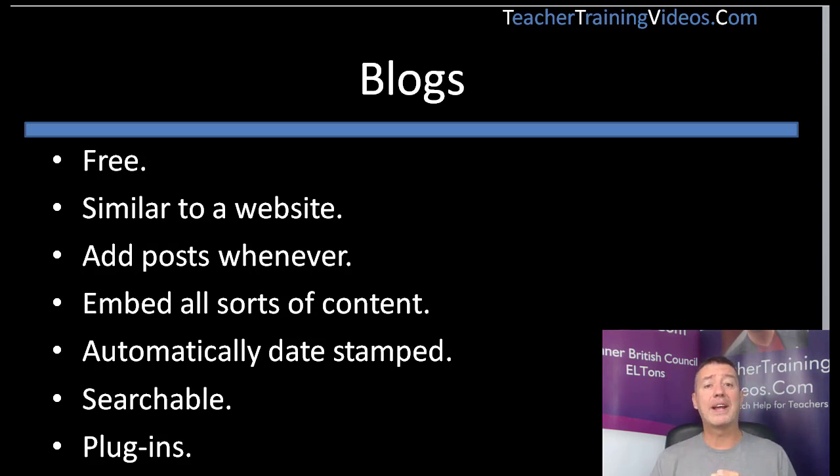So great in that way. And then the other thing is that blogs have really developed, so there are lots of plugins that we can add into blogs, and I'm going to show you one or two of those plugins, and then show you also where you can find more and add more to make your blog look really media rich with lots of different sections and parts on it.